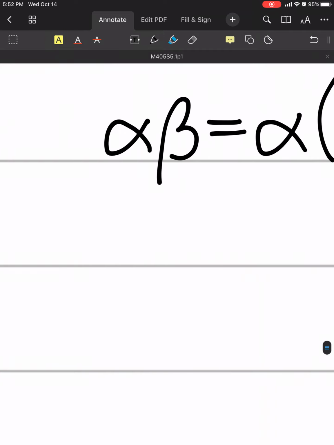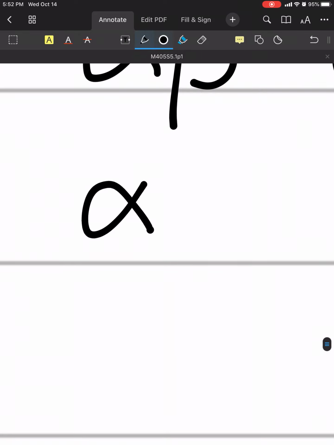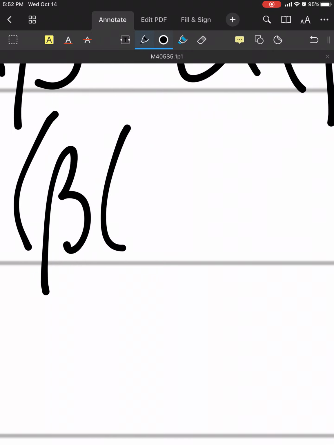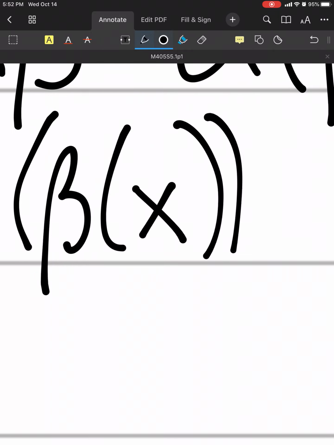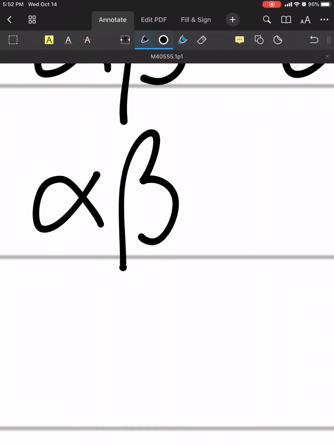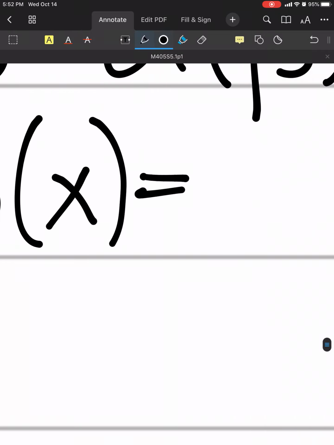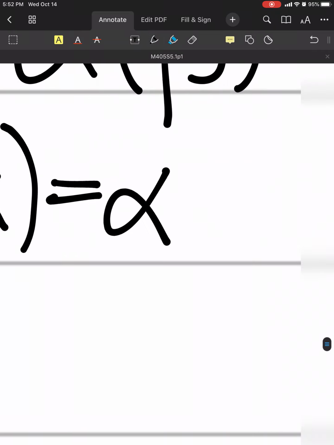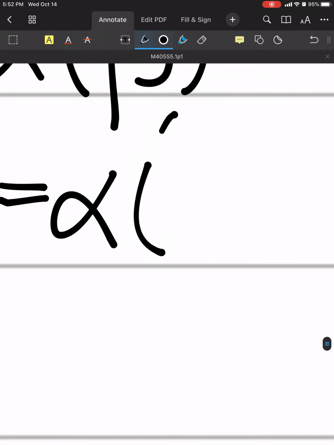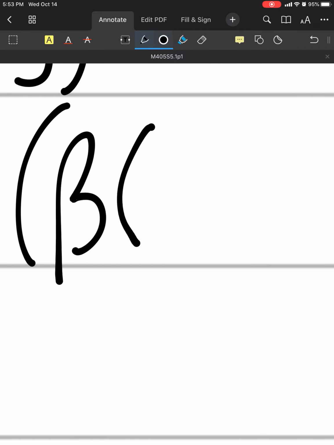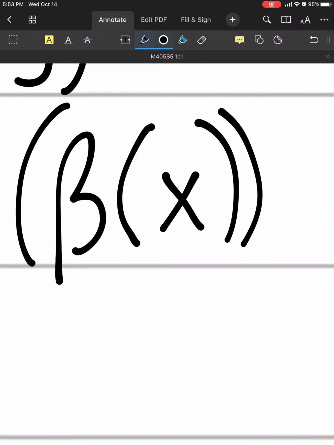In other words, alpha beta of x is equal to alpha of beta of x, whatever x happens to be. And we'll do a full example of this for the first one.